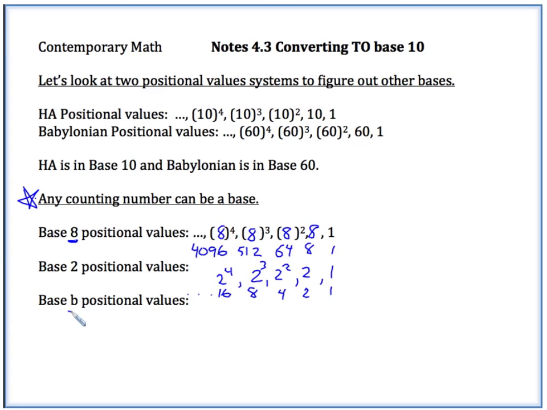If we were talking base B now, we would start off with 1, and then B, and then B squared, B cubed, B to the fourth, and so on. So this is how we take the base and determine our positional values.